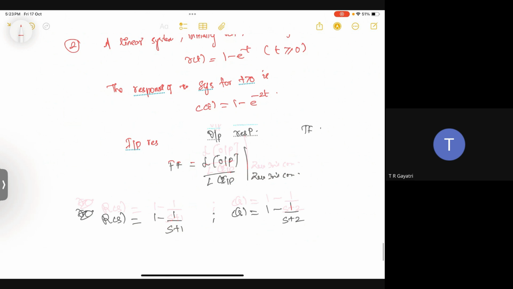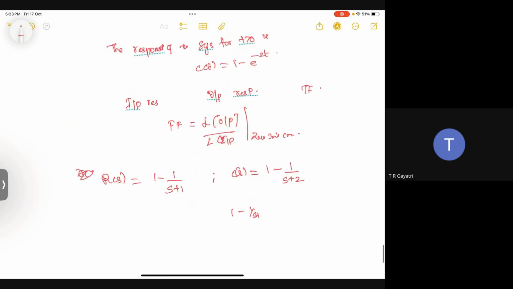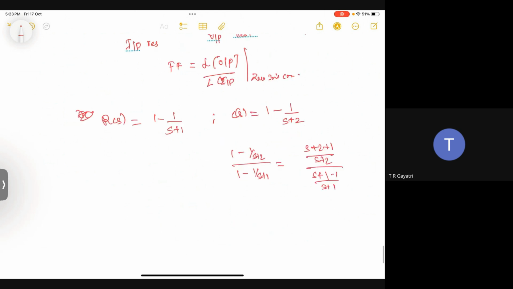So this will become (1 minus 1 by S plus 2) by (1 minus 1 by S plus 1). That gives me S plus 3 by S plus 2 by S plus 1.